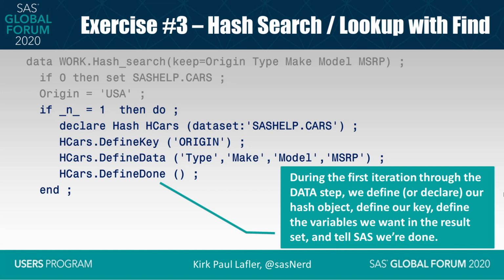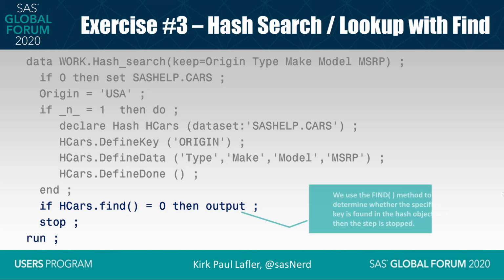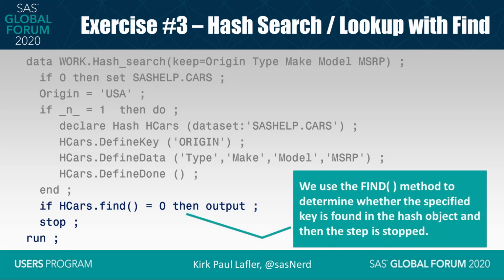That's a user-assigned name. And the data set that we want to point to is sashelp.cars. We also want to define the key as origin, and define the data that we want to keep as type, make, model, and MSRP. And then we're going to tell it we're done.